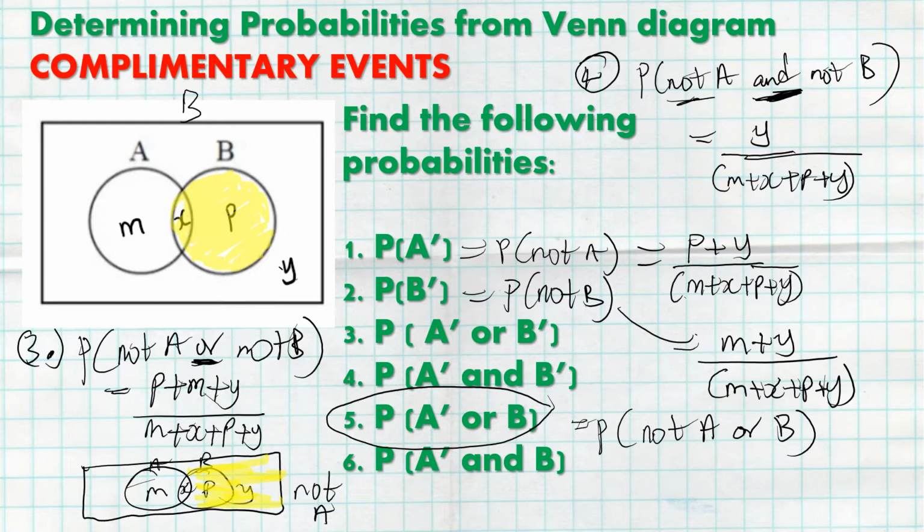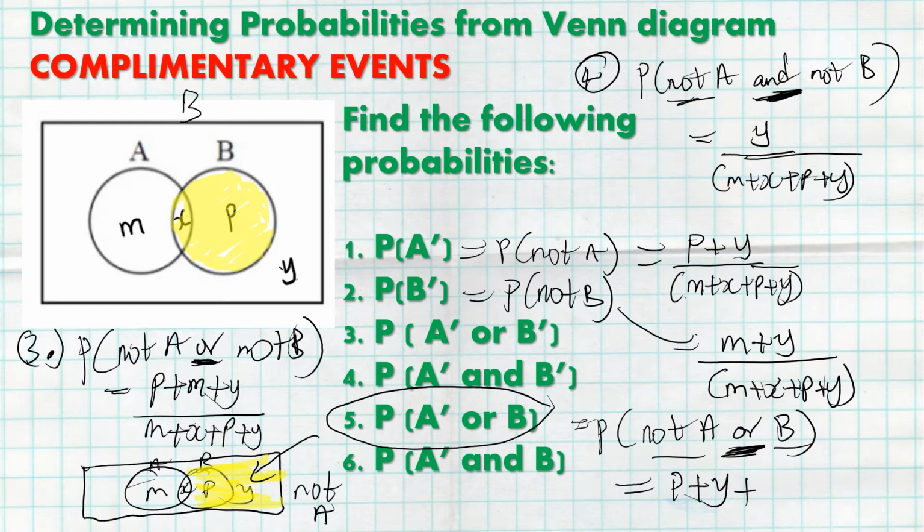Okay, so we go back and check what or means, right? When we say or, it is the union. We take everything in not A and in B. Everything in not A, there is P plus Y there. Can you see that P plus Y is shaded in not A?